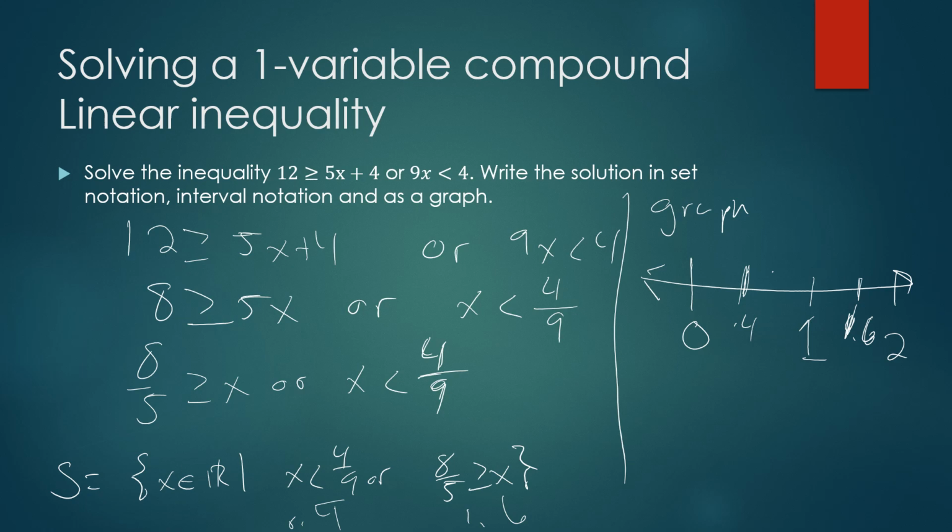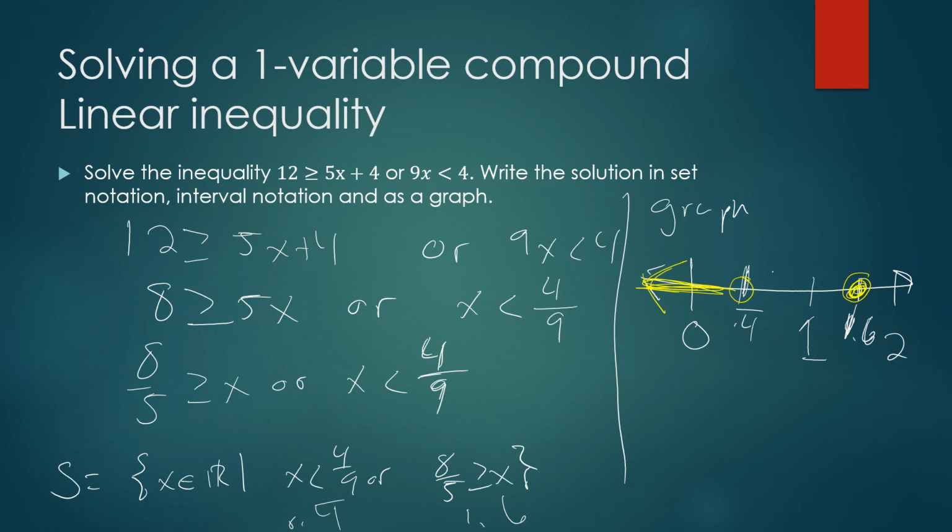Now if we look at each individual inequality, we have x is less than 4 ninths, which means I have this, and I'm going less, where 0.4 repeating is open. And then over here I have 1.6, but it's included.